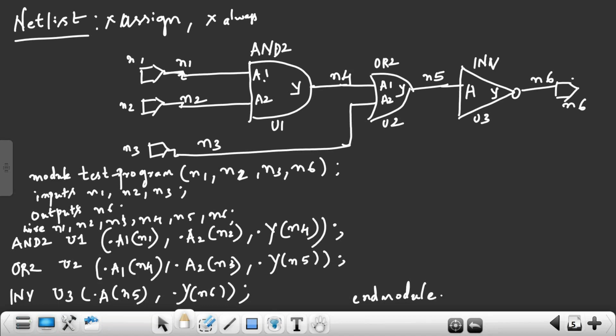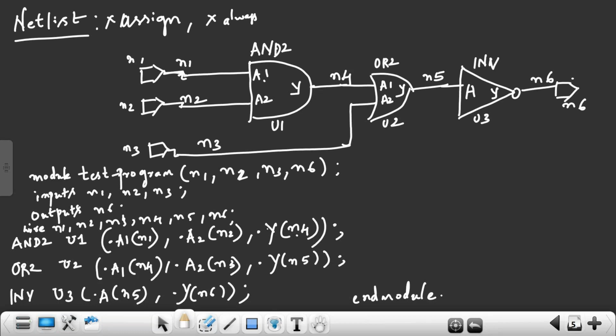In this gate level netlist, I have only input declarations, output declarations and wire declarations. Apart from that, I have only gate declarations and their connections. See this N4 net.